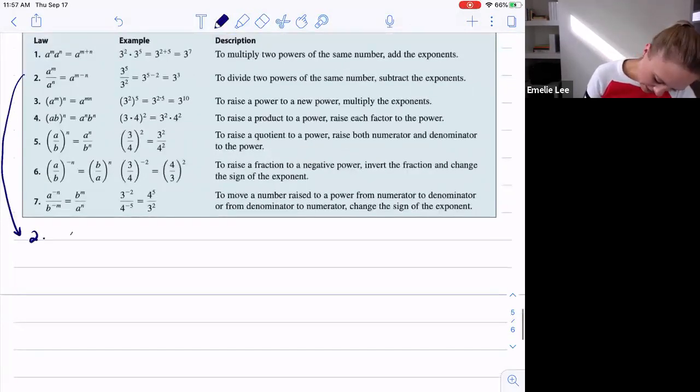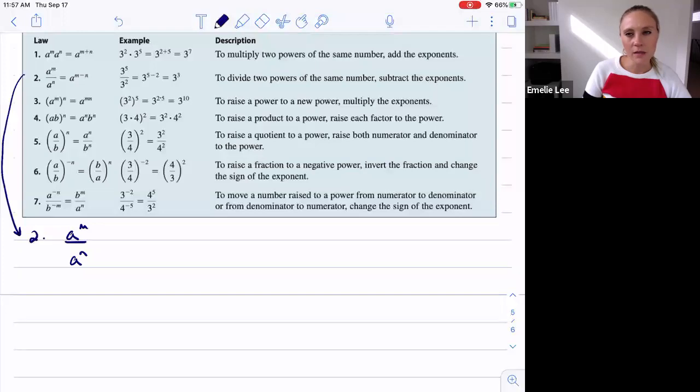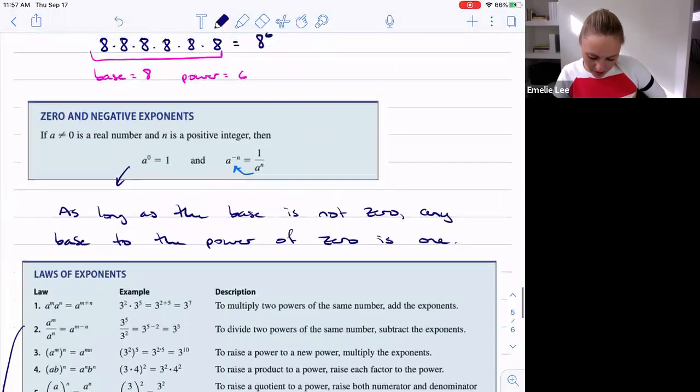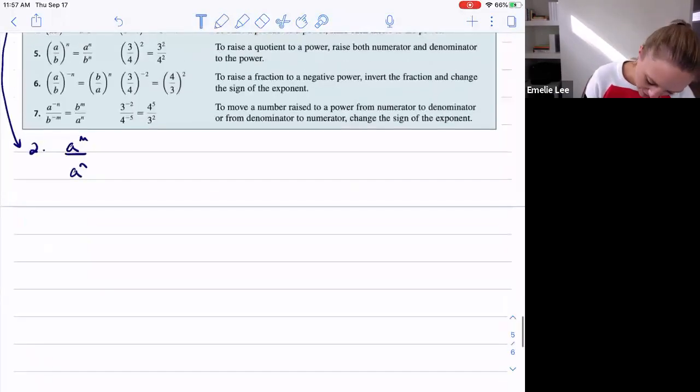If you've got a to the power of m over a to the power of n, from that first rule that we established, if I've got a to the power of n in the denominator, I can bring that upstairs by writing a to the negative n. So I can rewrite this as a to the power of m times a to the negative n.